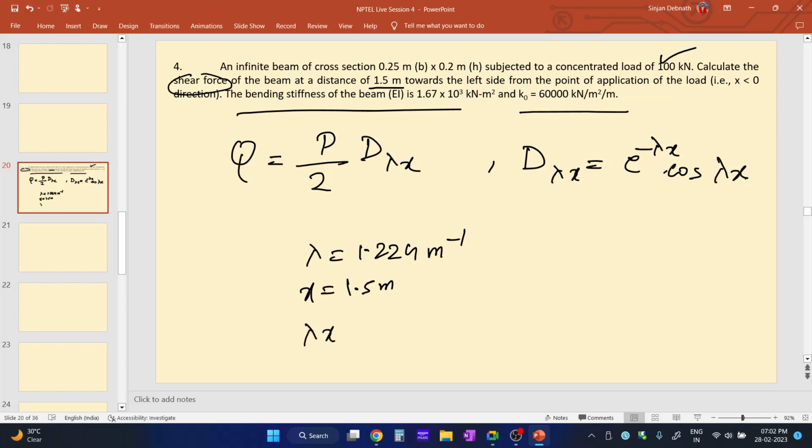So lambda x will be equal to 1.836, like that of the previous question. If we convert this into degrees, which is lambda x into 180 by pi, we get 105.2 degrees.